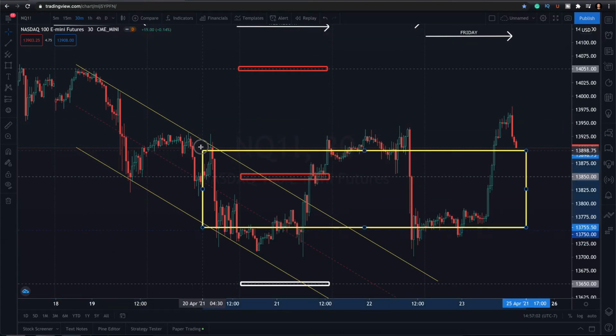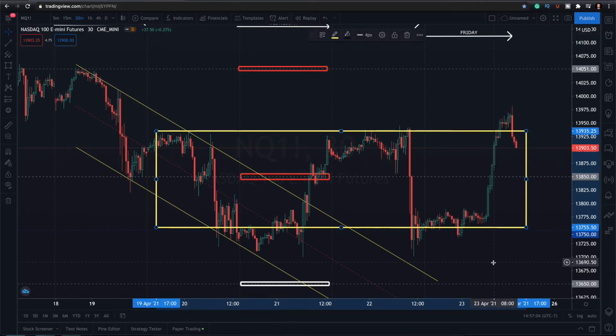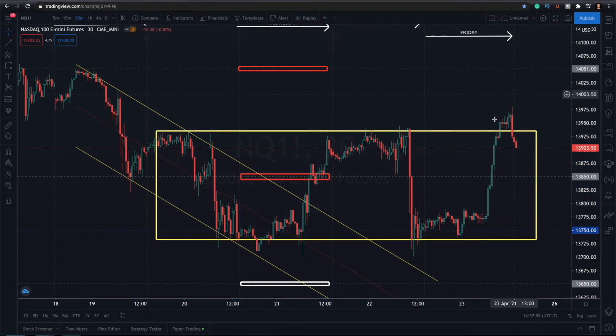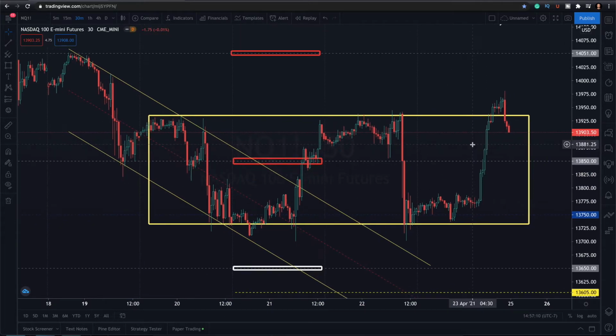When we trade in a range, that is when most traders fail because they always expect price to continue to the upside or to the downside.